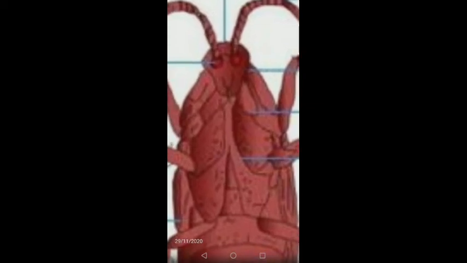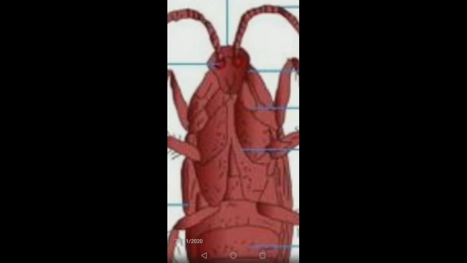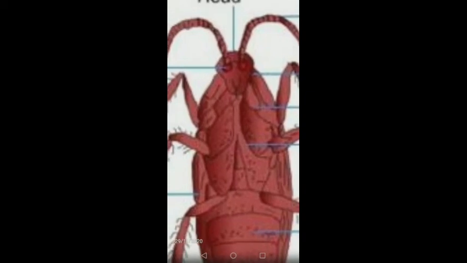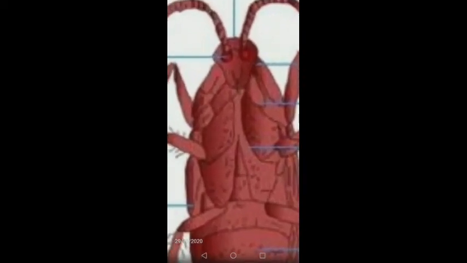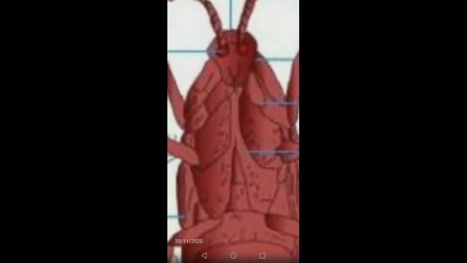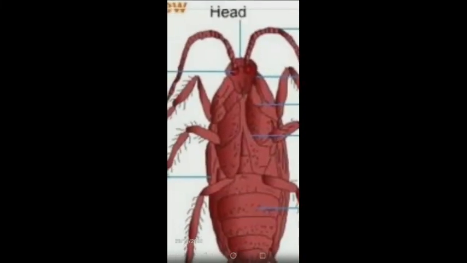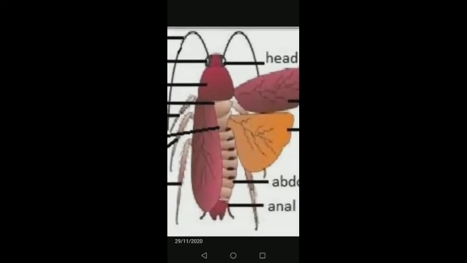And reniform means the structure of the eyes is kidney-shaped. If you can find this kidney shape here, this is reniform. The eye of the cockroach is kidney-shaped.